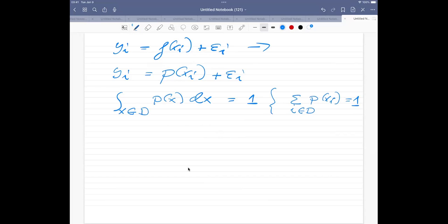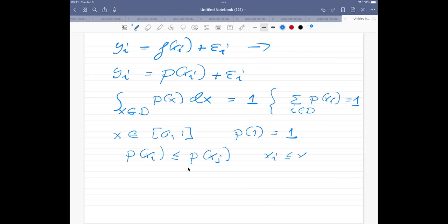The probabilities are normalized. So if we now assume, let's just give an example here, that x is defined between 0 and 1, then one defines p of 1 to be equal to 1, and then p of x_i is smaller or equal to p of x_j when x_i is less or equal than x_j.